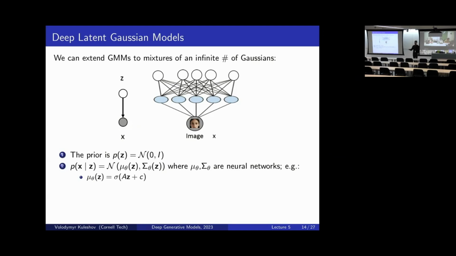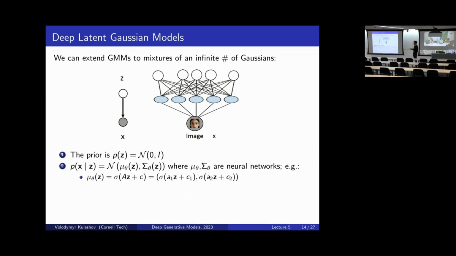Therefore, mu, the mean of X, will also be a d-dimensional vector. And we could make it a neural net as follows. We take the Z, we apply a fully connected layer with a nonlinearity of sigma. A here is a D by P matrix. So now mu of Z is some vector, a d-dimensional vector that's a nonlinear function of Z, where A and C are learned parameters.